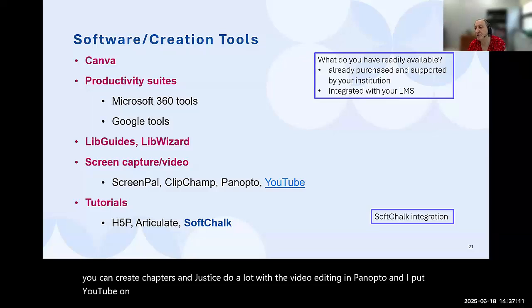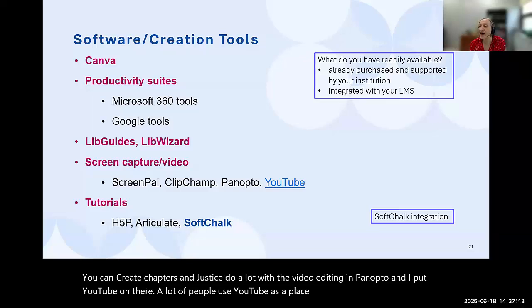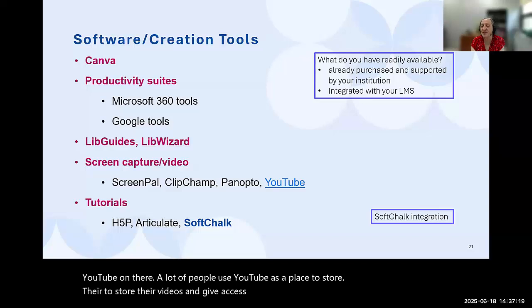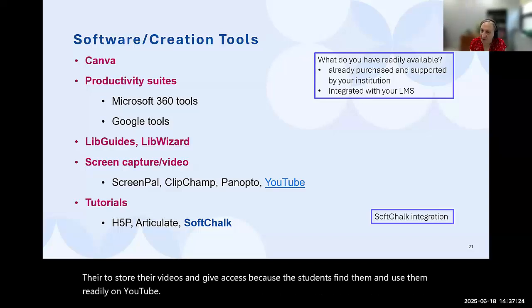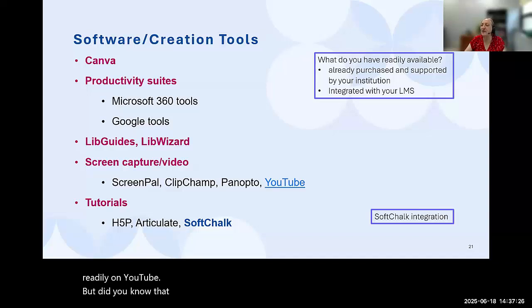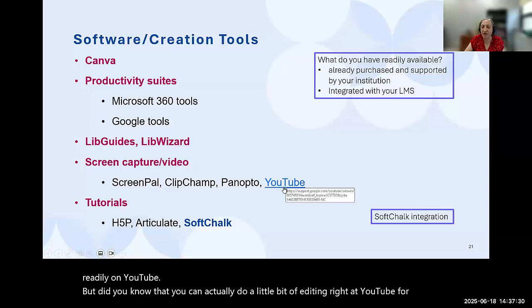And I put YouTube on there. A lot of people use YouTube as a place to store their videos and give access because students find them and use them readily on YouTube. But did you know that you can actually do a little bit of editing right in YouTube for free? You don't even have to get other software.